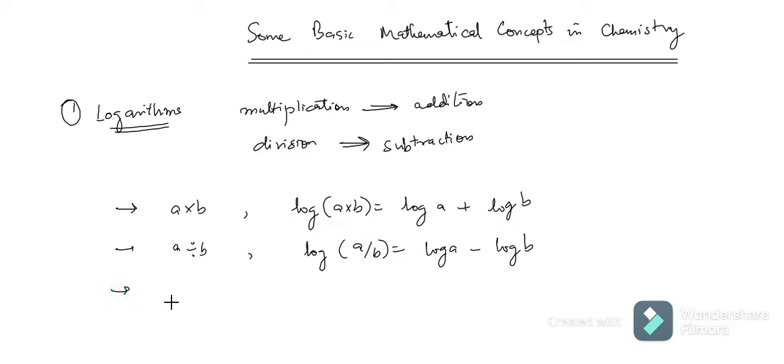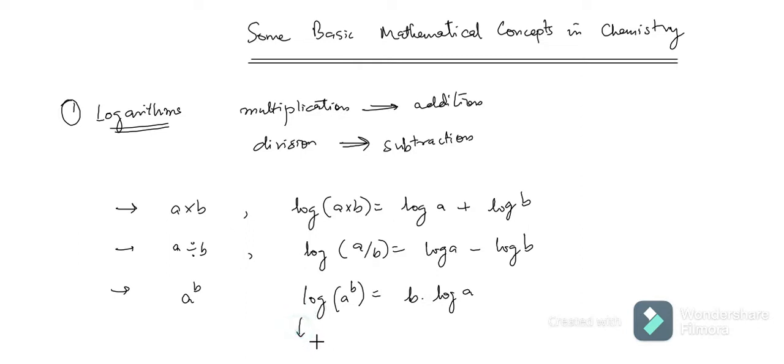The third thing is, suppose we have a to the power b, then log a to the power b will be equal to b times log a. We can actually prove this.